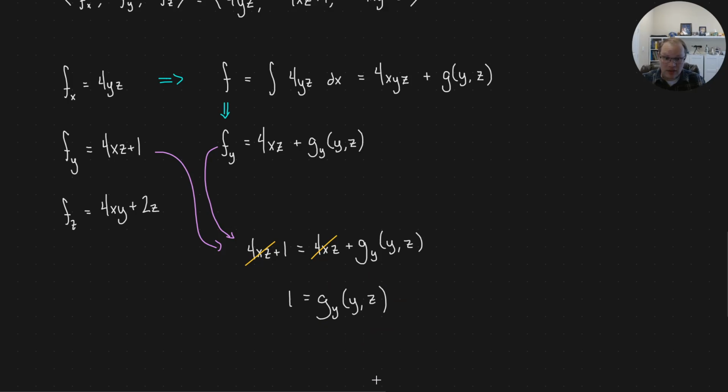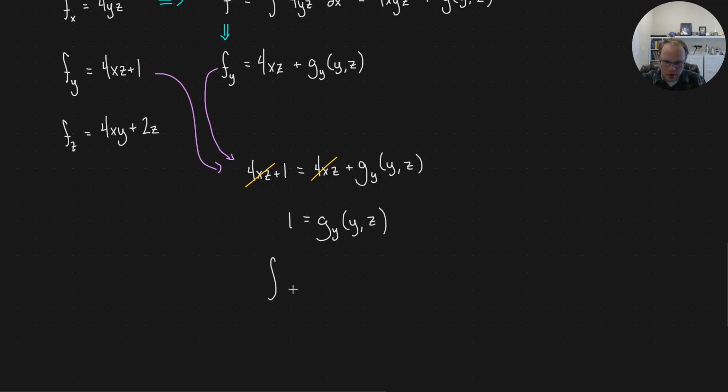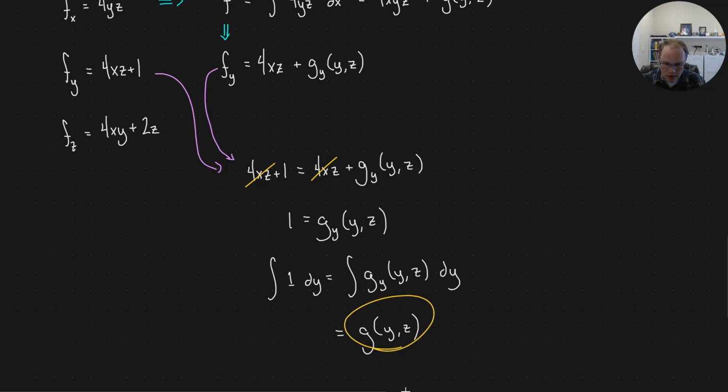I want to find g itself, so I need to integrate. So integrate both sides with respect to y to undo the partial derivative with respect to y. That gets me back to my function g of yz. That's what I want to know. The integral of 1 with respect to y is just going to be y plus a constant.